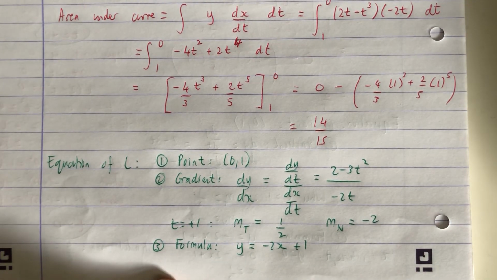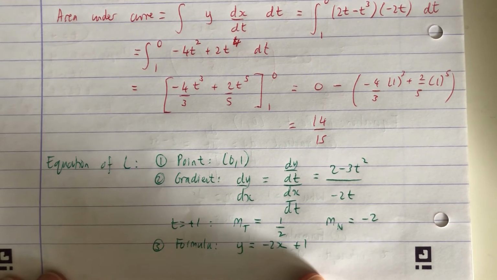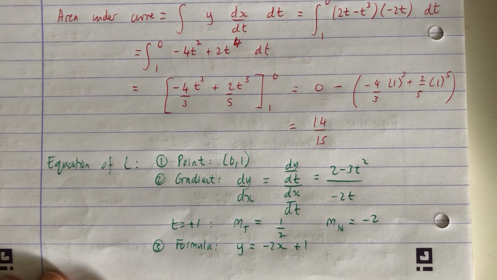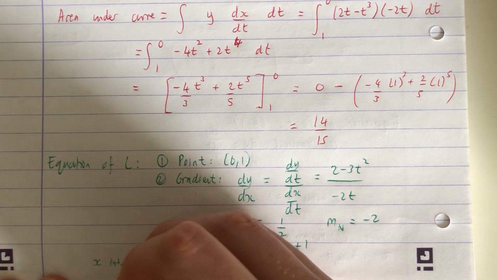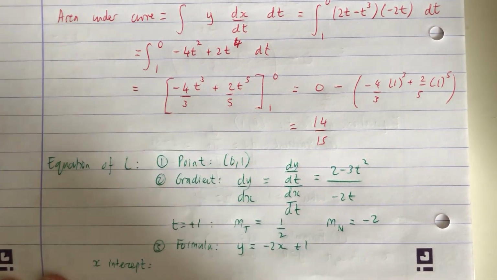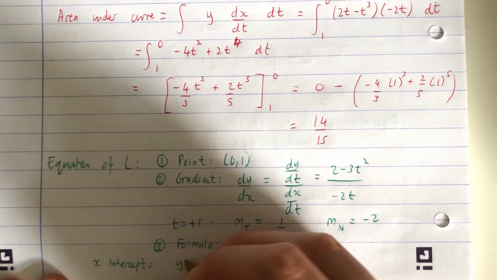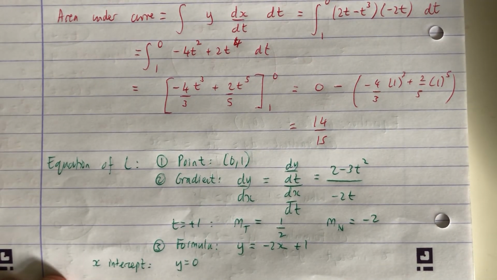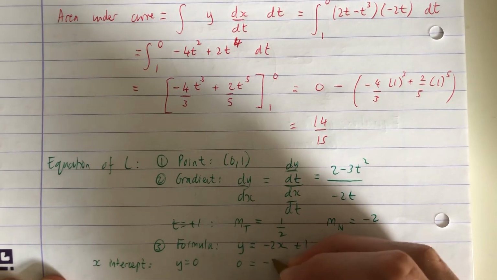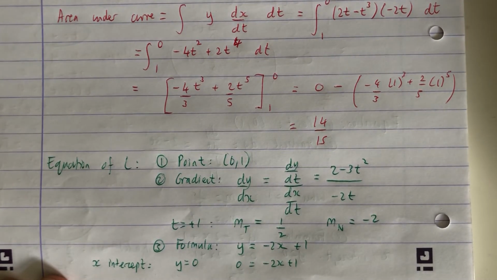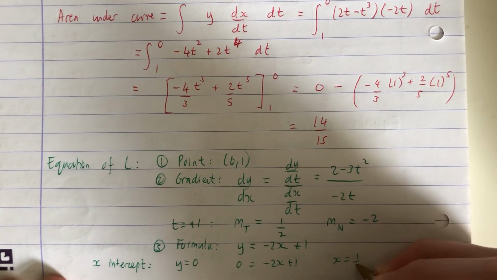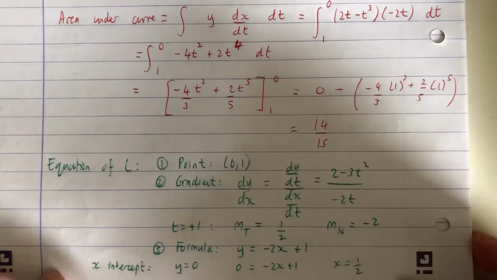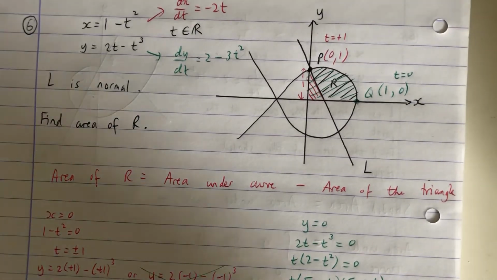And that would be the formula for the straight line L. And remember, the reason I worked that out was to work out the base of that triangle, which is another thing called the x-intercept in this case. The x-intercept happens when y is 0. And if you solve this equation to get x by itself, you get x is a half. So the base of that triangle back at the start is a half.